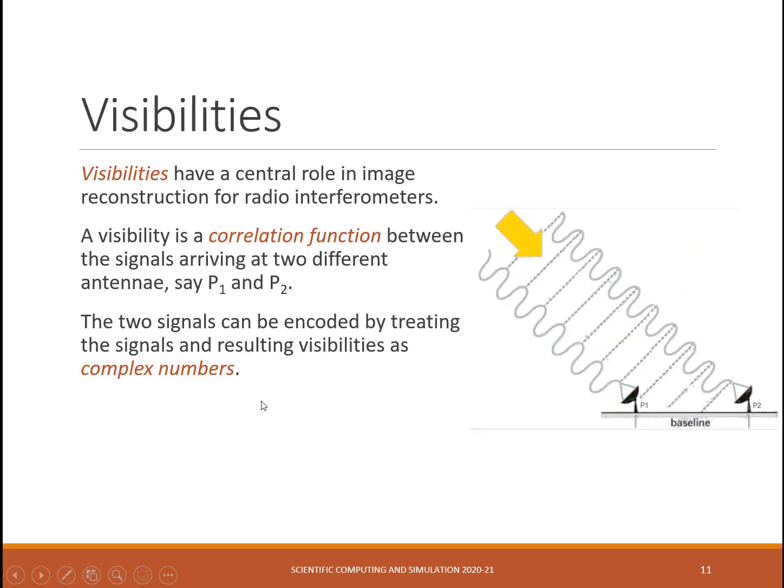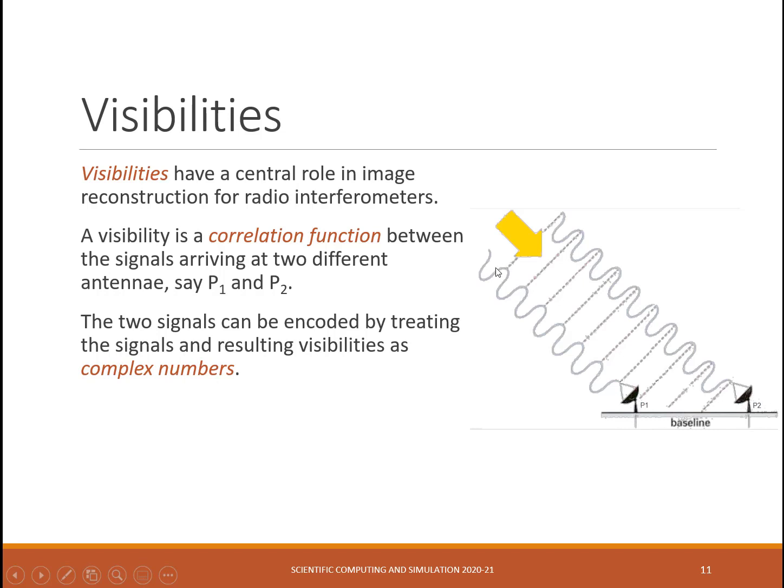In the next step, the aligned signals are used to obtain the visibilities between antennas. To create a sky image, we need to correlate the signals received from antennas at different, geographically separate locations. For instance, here we have a baseline field including two antennas, say P1 and P2.